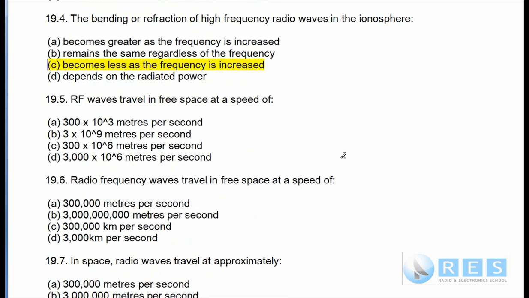19.5. RF waves travelling in free space travel at a speed of 300 million metres per second. Well, I think that's 10 to the power 9. What that means is you type a 3, and now we have to add 9 zeros.